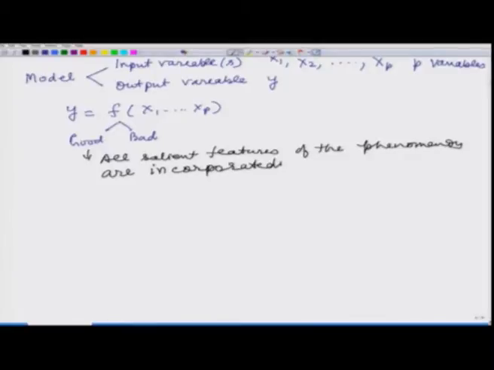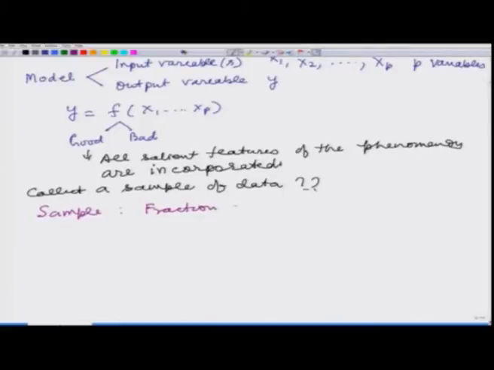So, for that we try to collect a sample of data. How do we say what is a sample? That is the basic question. You see, sample is nothing but a fraction of a population, a small fraction of the population.